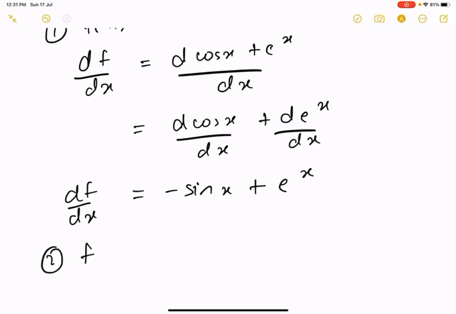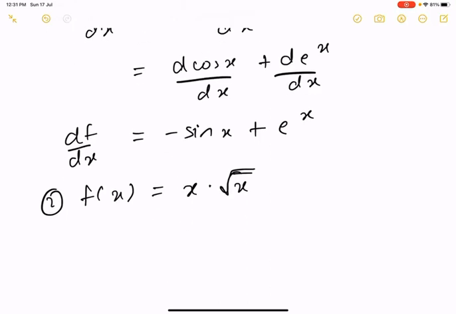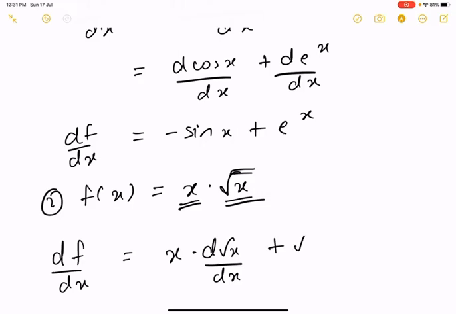Now we can have f of x is equals to, let's say, x into root x. We can use multiplication of functions. But we can again see, instead of using multiplication, that is x is your first function, this is your second function. So what is df dx? This is going to be x differentiation of root x plus root x differentiation of x.